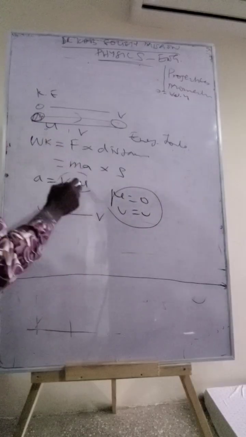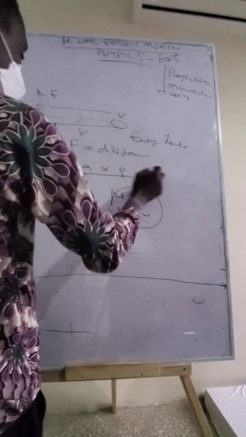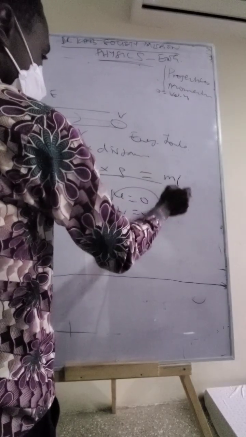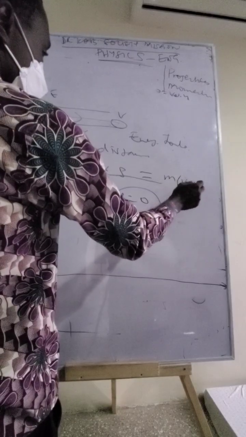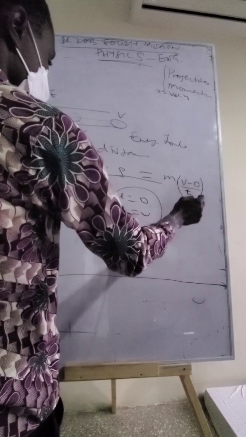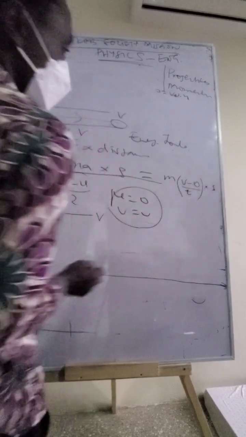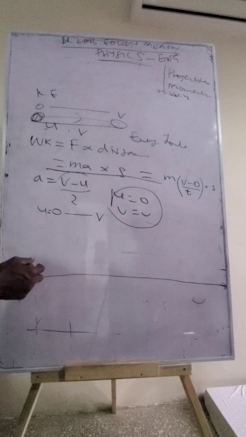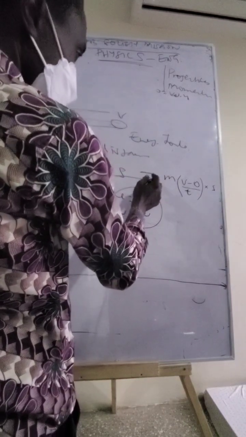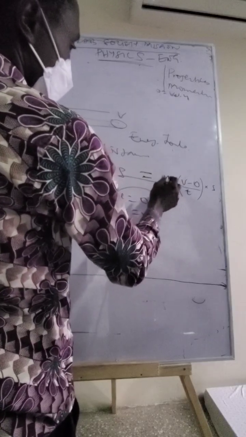In this case, if you put it here, from this equation the work done is going to be equal to what? The mass times your acceleration, which is v minus 0 over t, times the distance. The distance is s. Okay. Now, what's going to happen? So we have a mass like that.